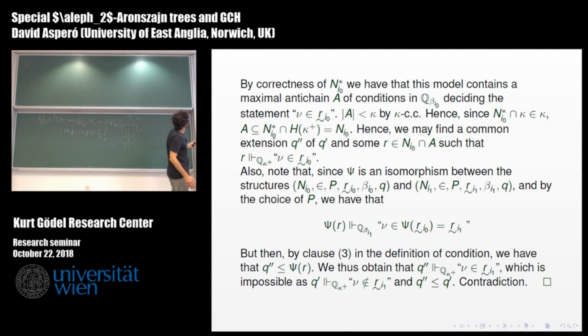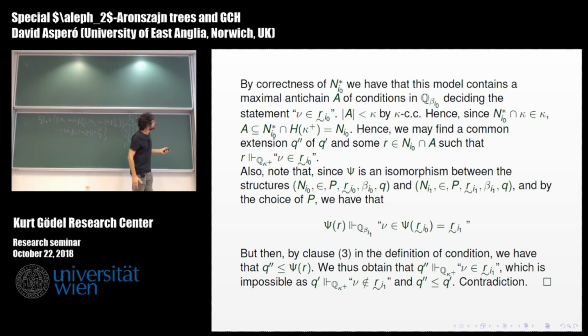Okay, but now psi was an isomorphism between these two structures here. And by the choice of P, by the same argument as we have already seen, psi of R forces in Q beta I1 that nu is in psi of Ri0, which is Ri1. But then clause 3 in the definition of condition requires Q double prime to extend psi of R. Okay, so that's why it was important that Ni1 was this projection of Ni0.